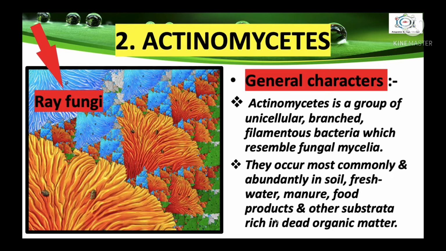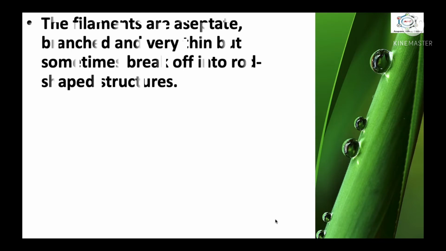They occur most commonly and abundantly in soil, fresh water, manure, food products and other substrata which are rich in dead organic matter. The filaments are non-septate, branched and very thin, like 0.2 to 1.2 micrometer in width, but sometimes break off into rod-shaped structures.